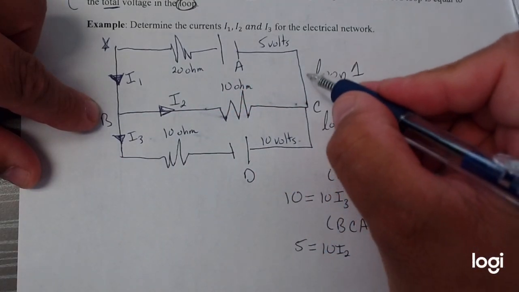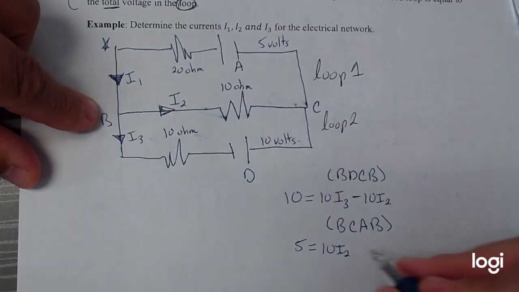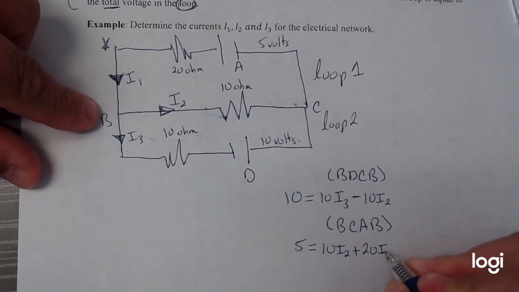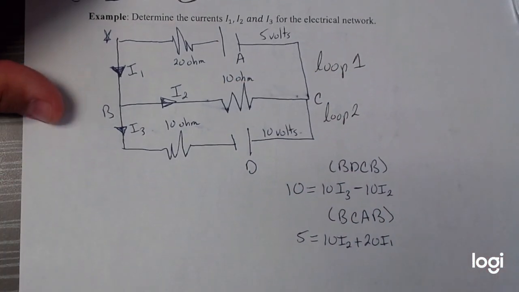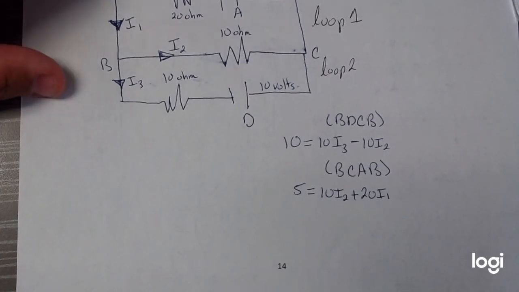And notice this time it's in the same loop, it's not going in opposite, so it's going to be plus 20 I1. And there is our system of equations we're going to be solving for now. We're just solving for I1, I2, and I3. So we're going to have a 3 by 3.